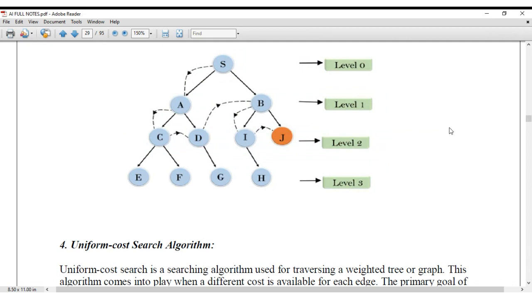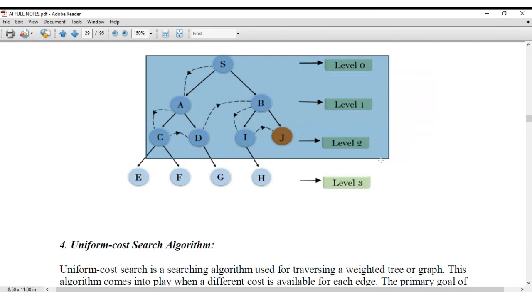So it will skip to D. Then it finds that D is not a goal node, then it will skip to B, because B was not searched. Then it will skip from B to I, and if I is not a goal node, skip from I to J. All right, if you look, all these levels have been accommodated, they have been searched from level 0 to level 2. So now it will skip to where? Obviously it will skip to E.